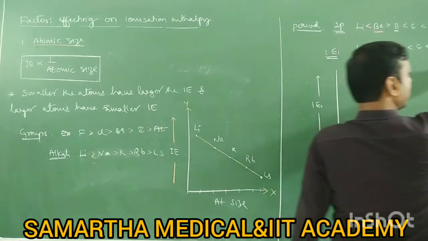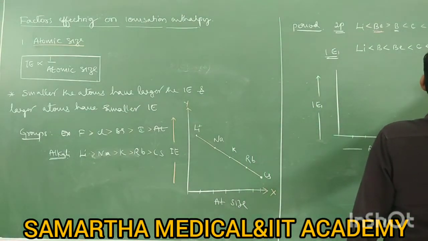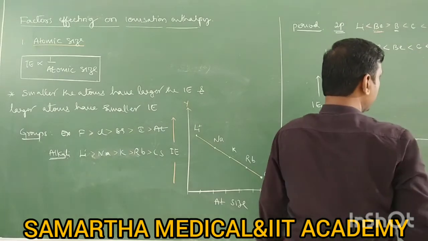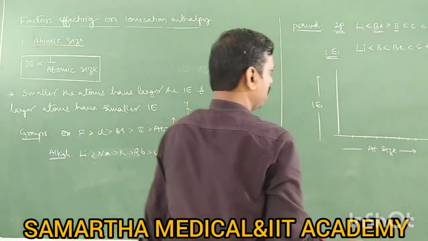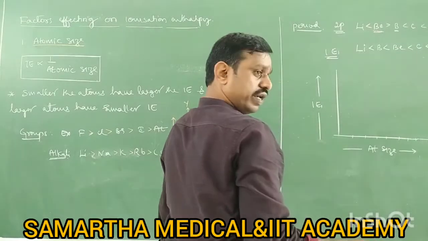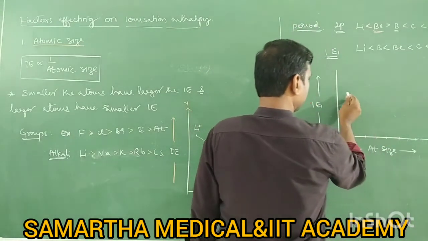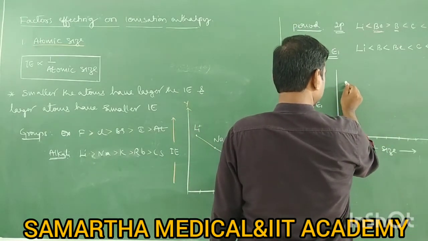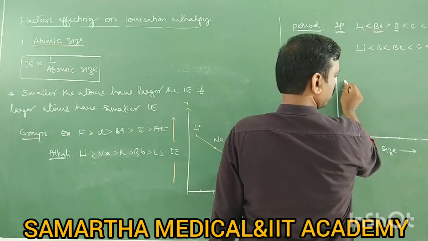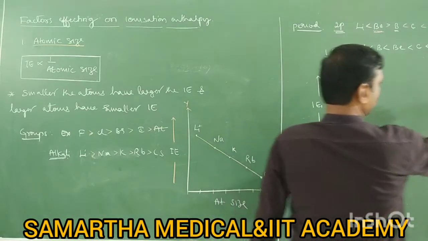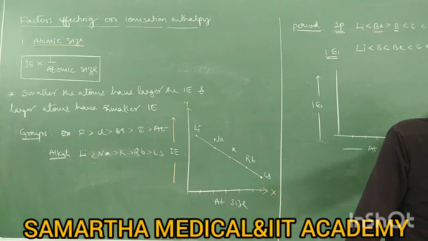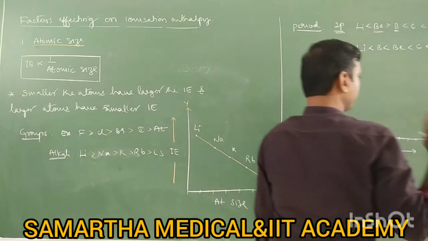Here is the noble gas, no? Neon, a noble gas, has the highest ionization enthalpy. Its atomic size, we will discuss later. You just leave it, we'll discuss later.